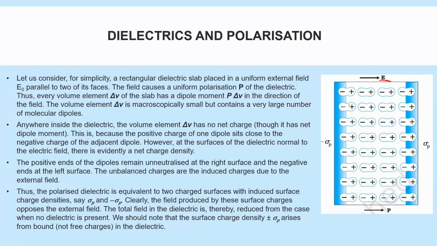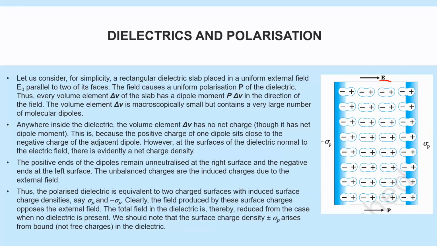Then anywhere inside the dielectric, the delta V will have no net charge, because you can see that the plus and minus of the dipoles are actually next to each other.